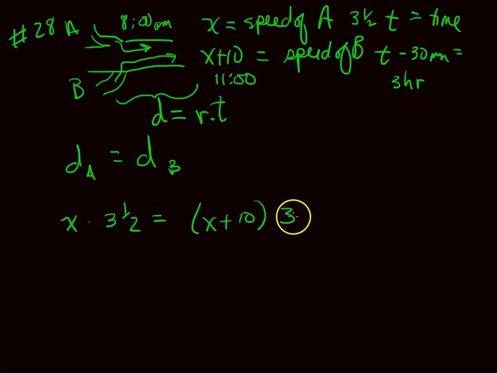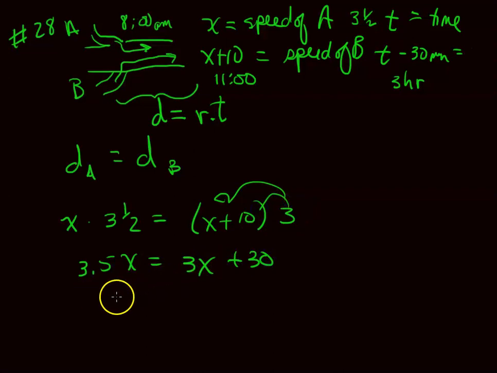And now we've got this equation. So this is 3.5x equals 3x plus 30 when we distribute. Let's subtract 3x from both sides. We get 0.5x equals 30. Divide by 0.5. When you divide by 1/2, you really multiply by 2. So this is really 60.